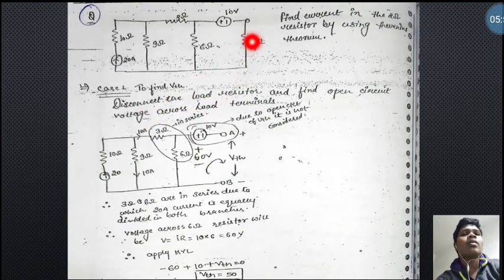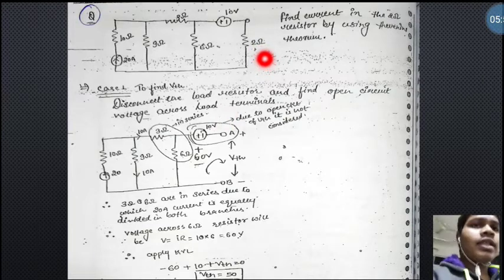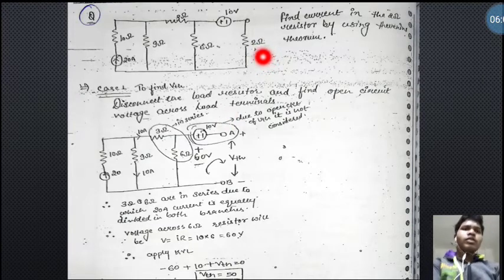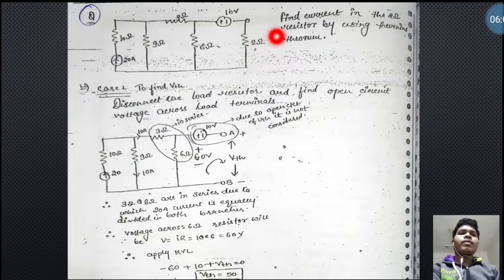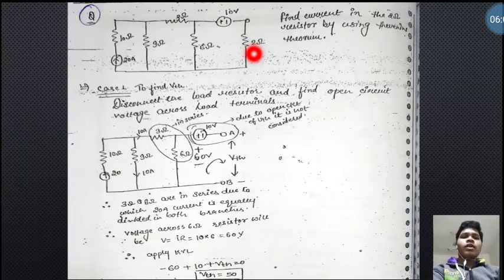This is our load resistance, 2 ohm, and we find the open circuited voltage across the load terminal. So first we disconnect this 2 ohm resistance, then calculate the Thevenin's voltage. We take this point as A and the other as B, and we indicate here VTH, that is Thevenin's voltage.